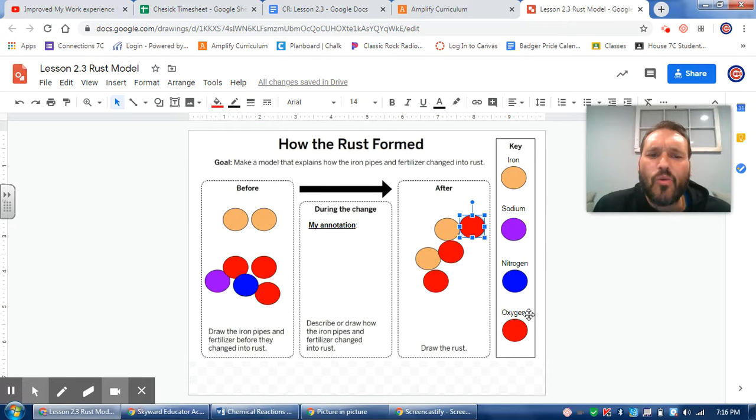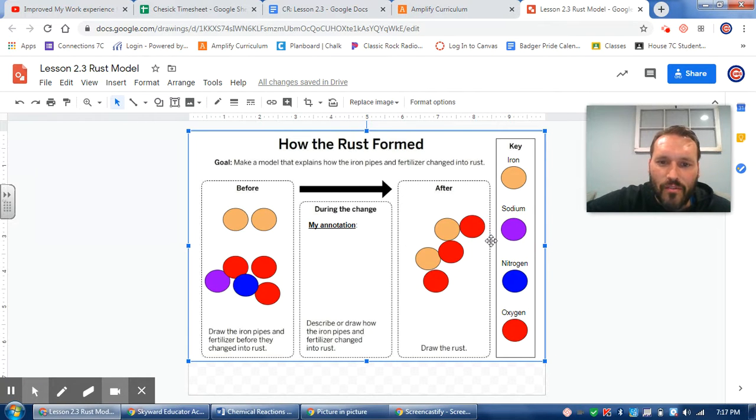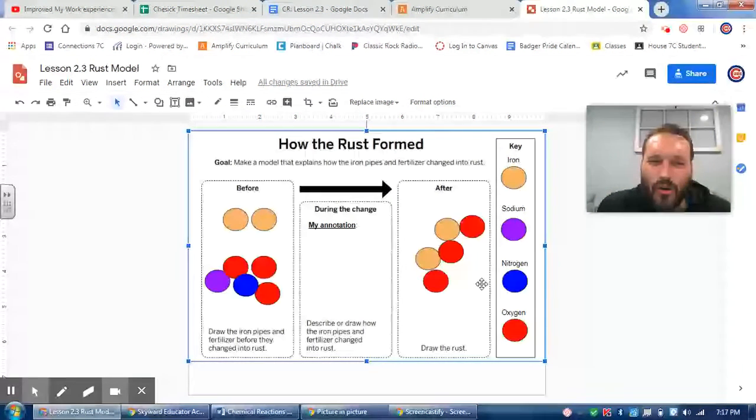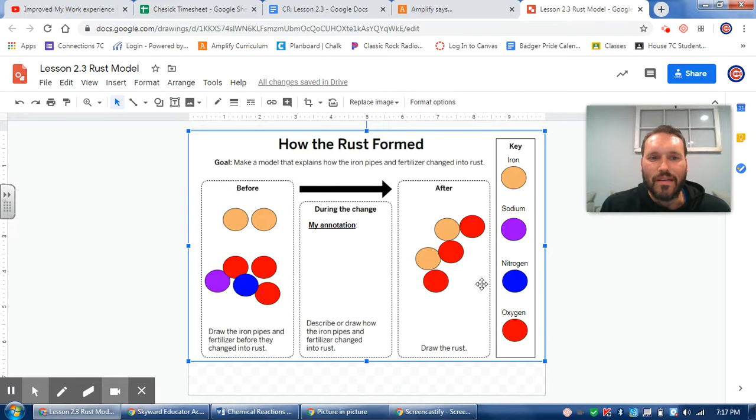The thing that I would be wondering right now, if it was me, is what happens to this sodium and what happens to this nitrogen atom. They don't seem to be involved with the rust molecule. Thinking about going on to chapter 3, that may be something that we're going to look into in more detail, because I'm not sure that we can just make atoms disappear.